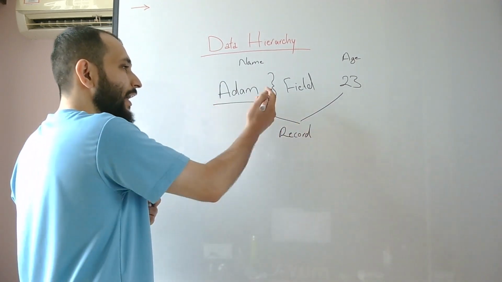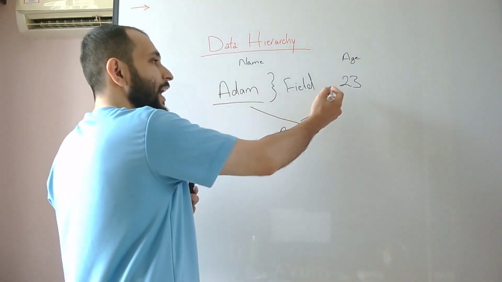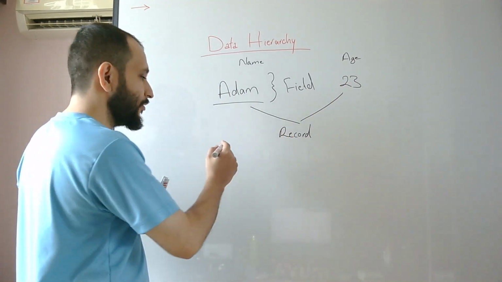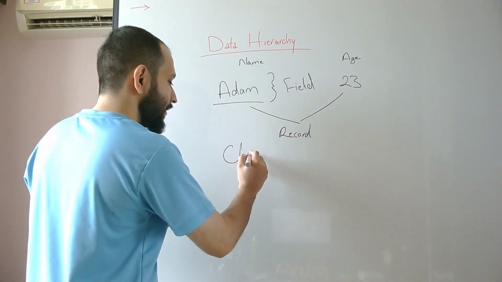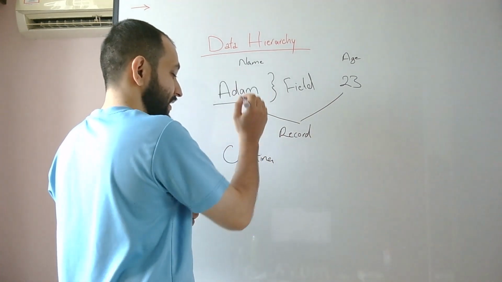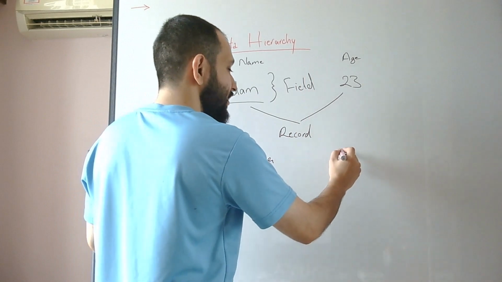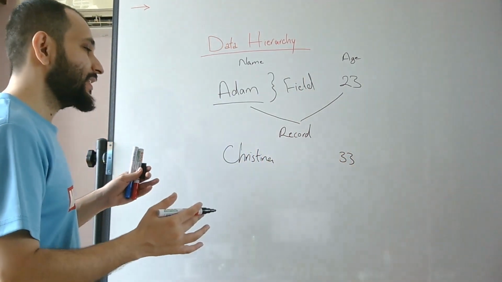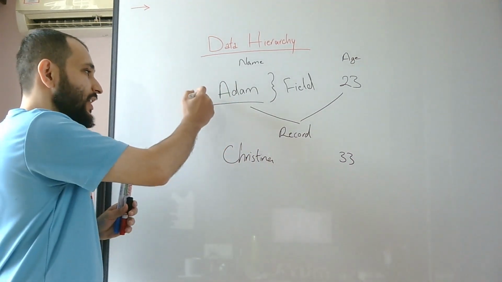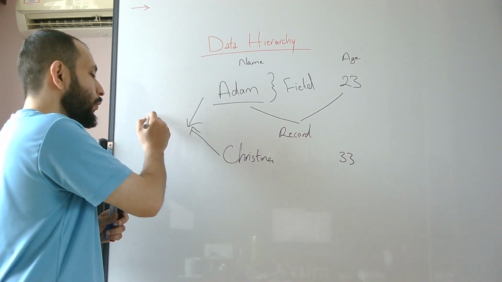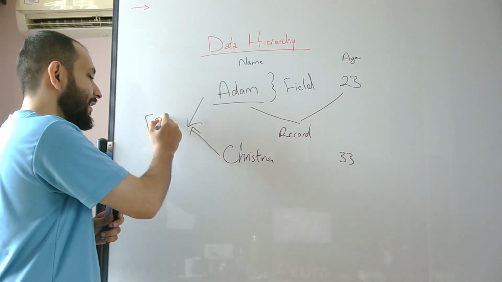So the record for Adam is: his name is Adam and his age is 23. And then we have another record for Christina: her name is Christina and her age is 33. Now, if we take these two records and we combine them together with one another, what we get is a file.